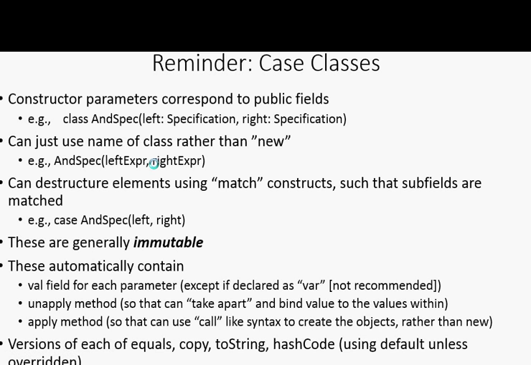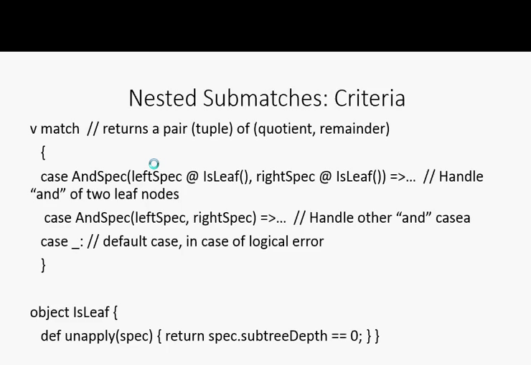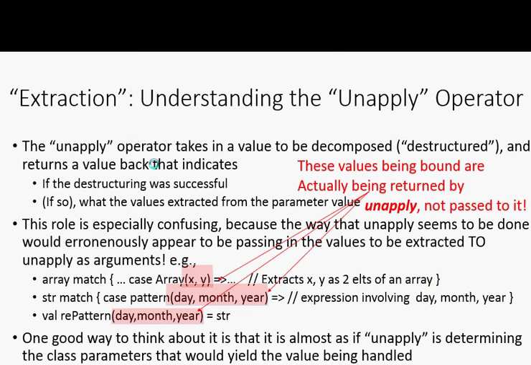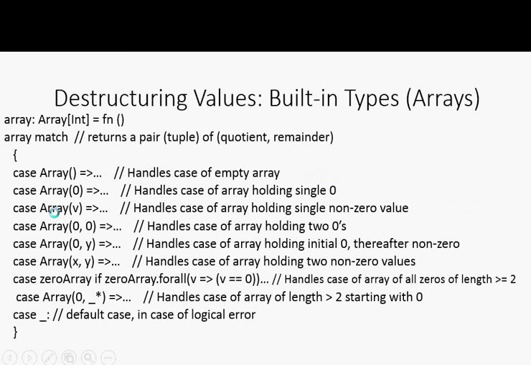Different unapplies would give you different things. So for example, here we can see array has many unapplies. Some are for the case where it is just one element here. Some are for the case where there's two elements. It may provide many unapply operators, okay? And similarly, it may have many apply operators.